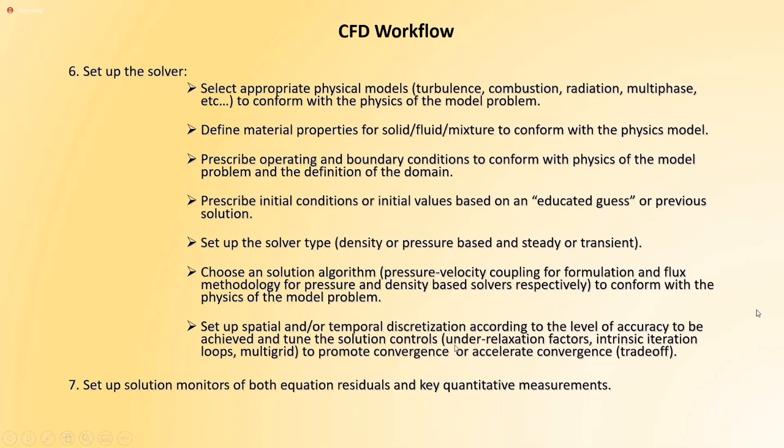Set up spatial discretization according to the level of accuracy to be achieved, and tune the solution controls. There are many ways to control the steps you make besides choosing the algorithm itself.